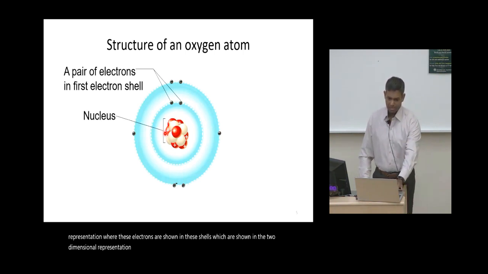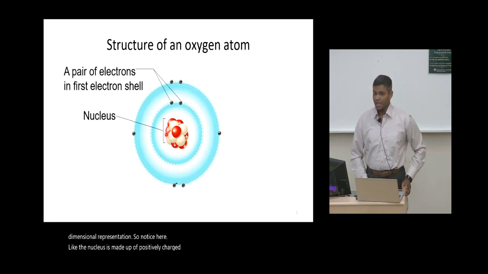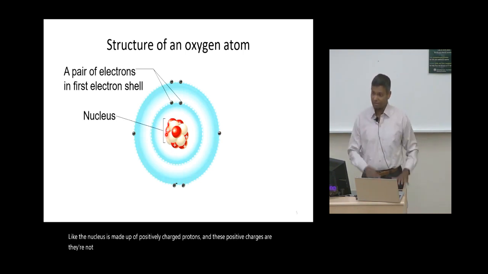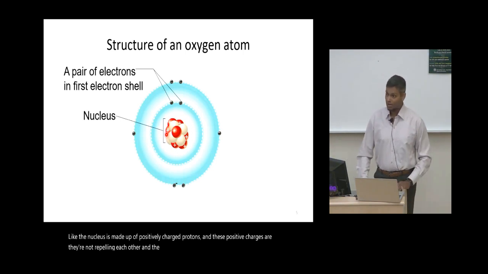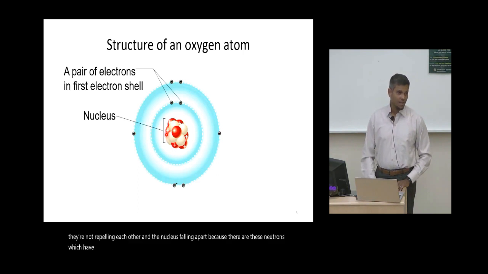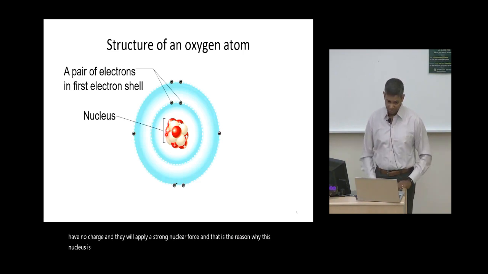So notice here that the nucleus is made up of positively charged protons, and these positive charges are not repelling each other and the nucleus falling apart because there are these neutrons which have no charge, and they will apply a strong nuclear force, and that is the reason why this nucleus is held together.